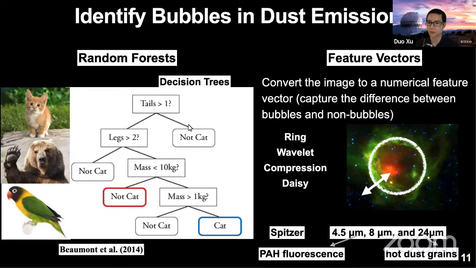For bubbles, we extract the features which best describe the morphology of bubbles and then conduct this classification. The data we use here is dust emission from Spitzer, including 4.5 micron, 8 micron, and 24 micron, including hot dust emission and PAH emission.